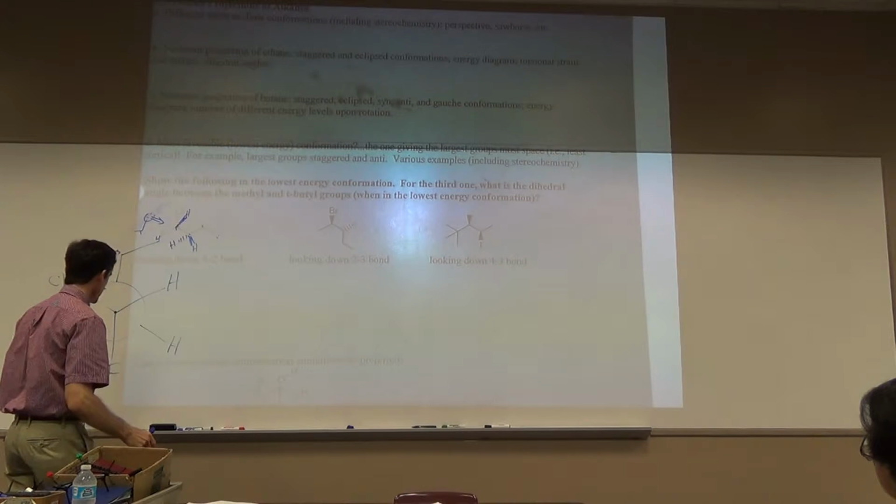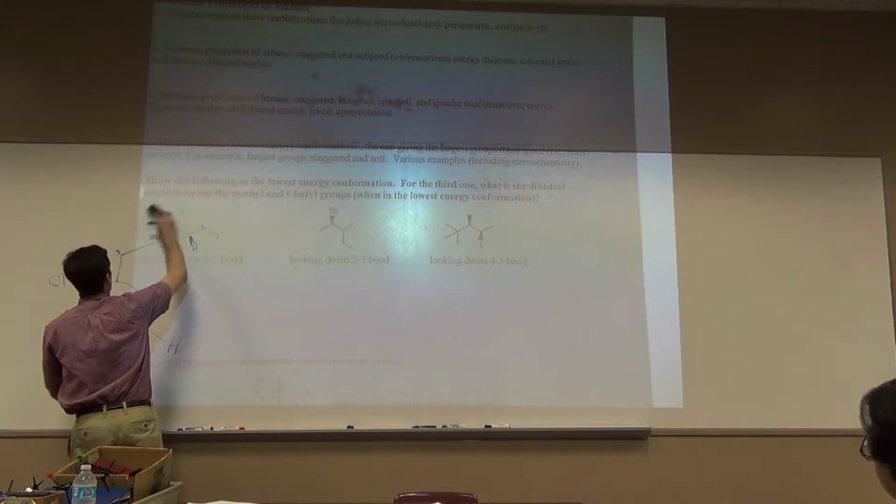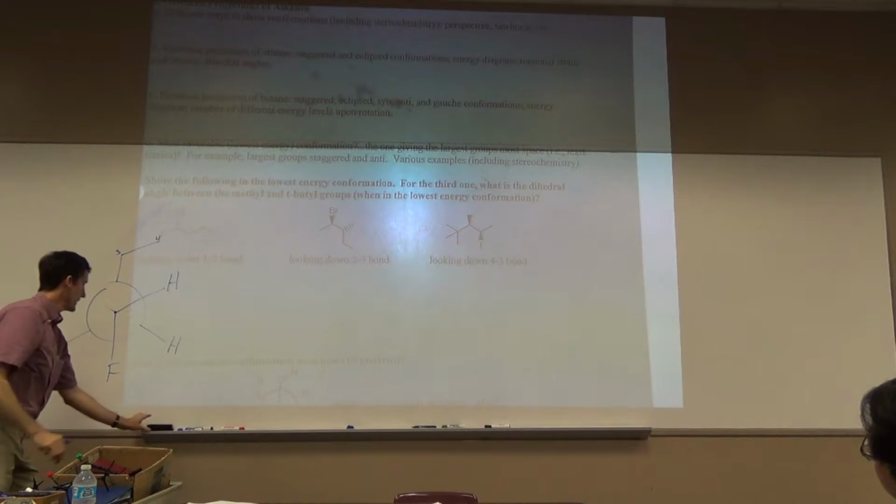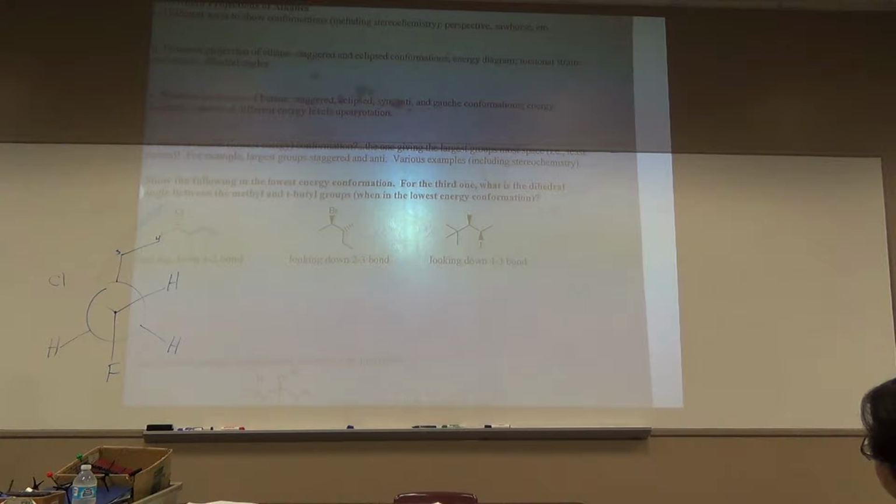Is that the lowest energy conformation? No. That's the original. What's the largest group on the front carbon? Which is larger, chlorine or fluorine? Chlorine is larger. Okay? With the halogens, we can just say the larger halogen is indeed the larger.